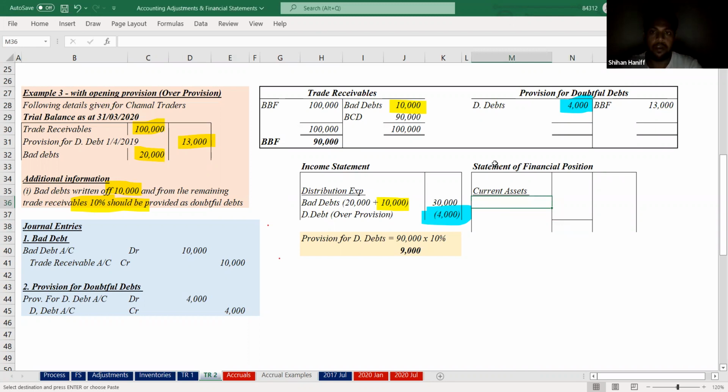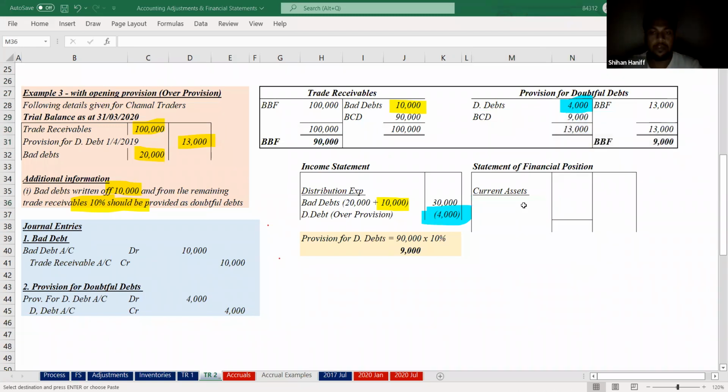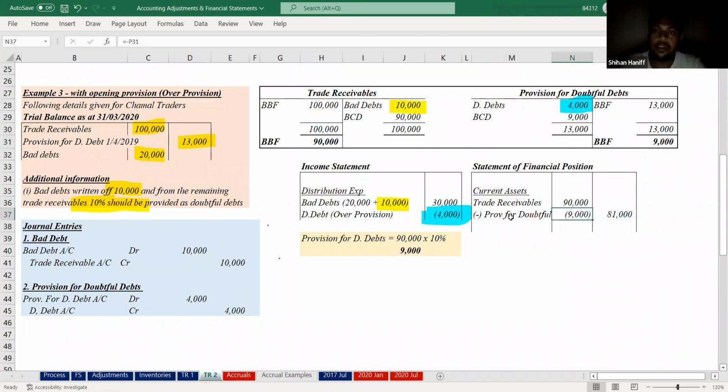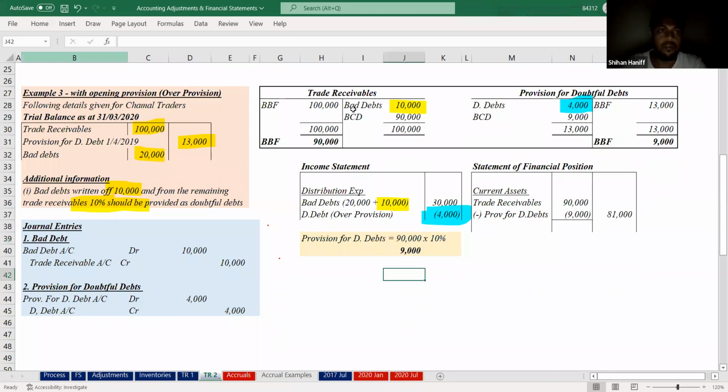So remaining assets will be remaining balance $9,000. Current assets, trade receivables 90, doubtful debt 9,000, and net is 81,000. So understand.